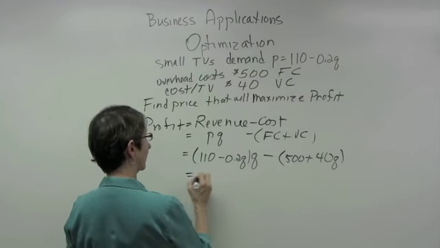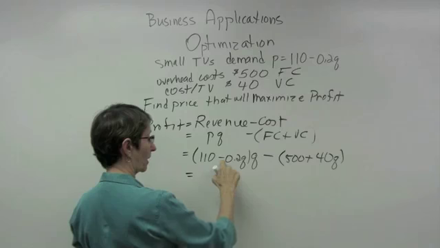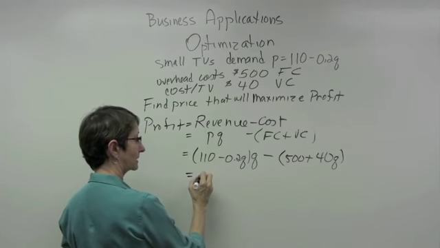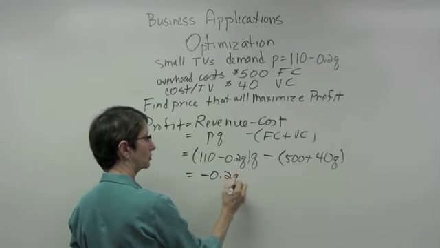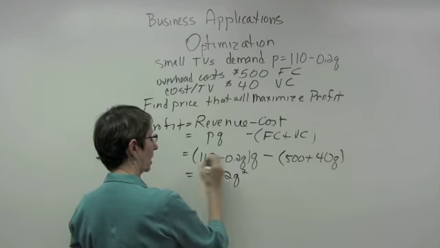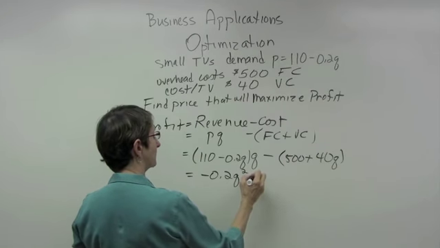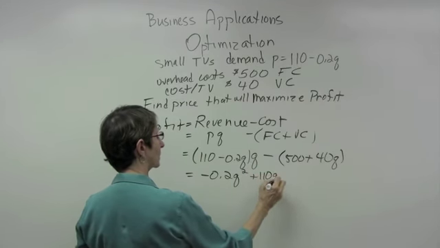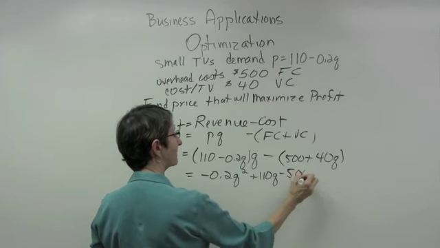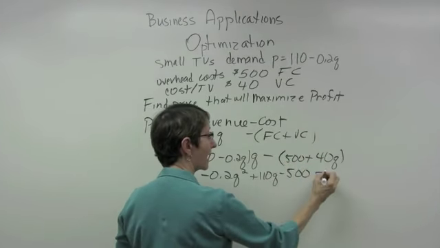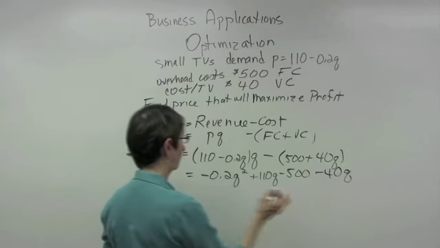So if we put this together, 110Q minus 0.2Q squared. Let's do the negative 0.2Q squared first. Plus 110Q minus 500 and distribute minus 40Q.